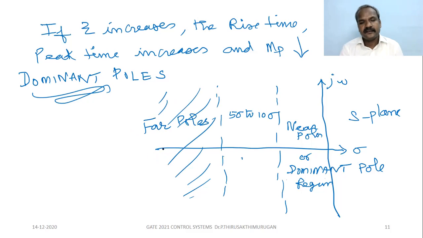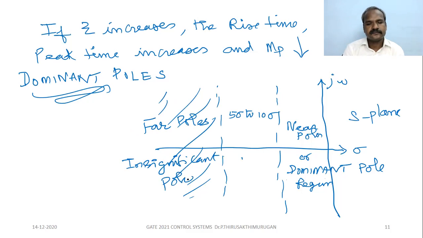So this is called the insignificant poles region. And this is the dominant region.